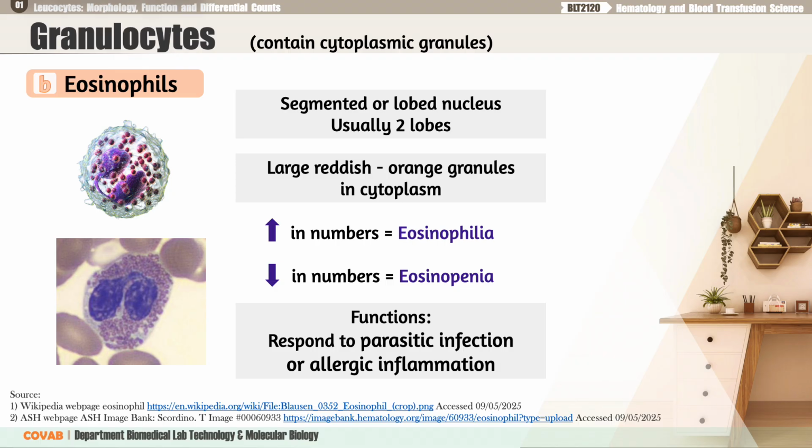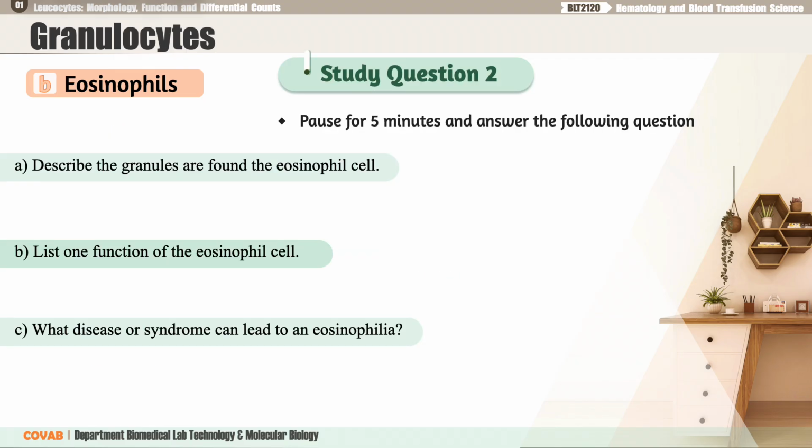An increase in the number of eosinophils circulating in the blood is eosinophilia. A decrease in the number of eosinophils circulating in the blood is an eosinopenia. Functions: they respond to parasitic infection or allergic inflammation, among others. Let's reflect on what we've just studied about the eosinophil.